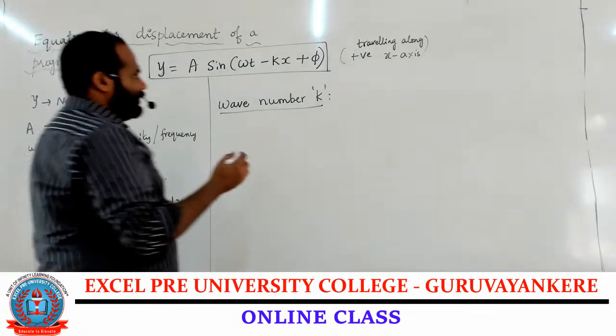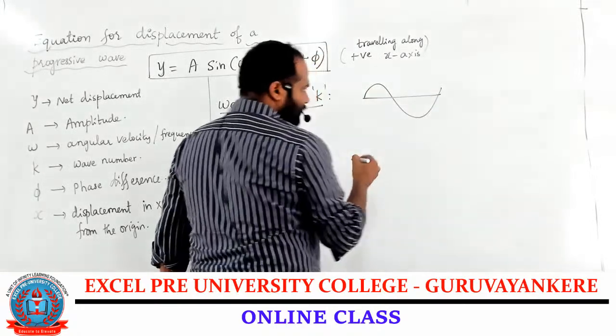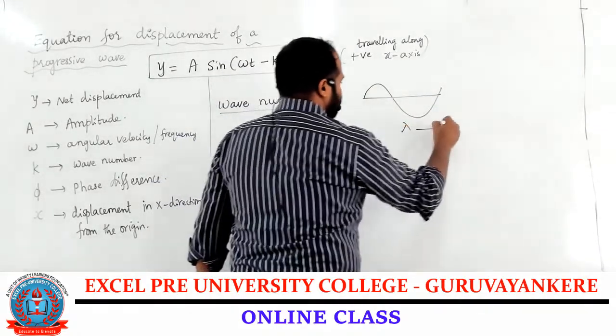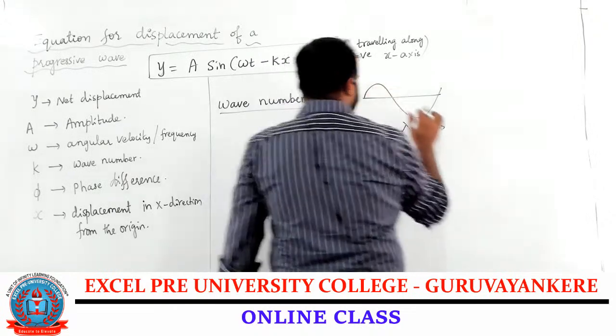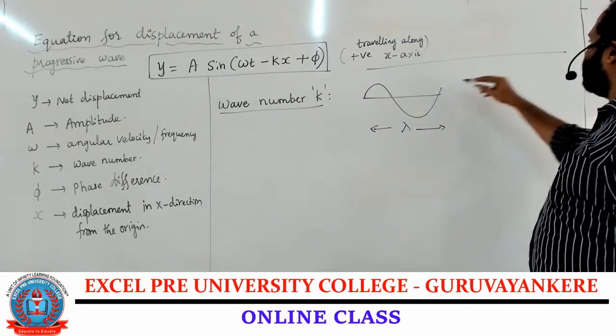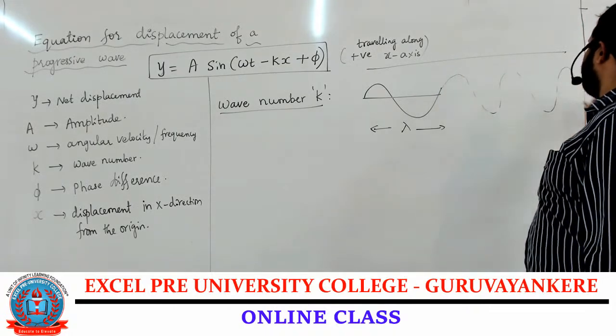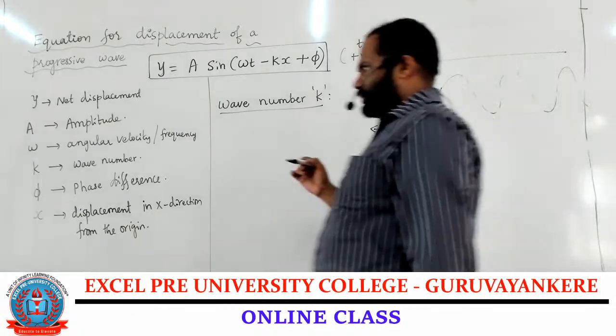If there is a particular wavelength lambda to be traveled, this is traveled by one wave, but if the distance to be traveled is more than lambda, then I require more waves.